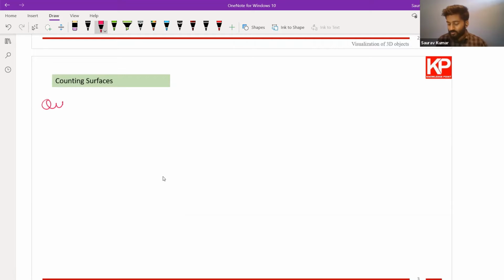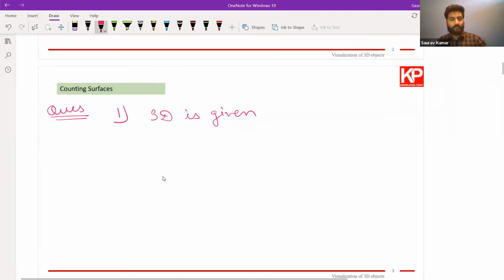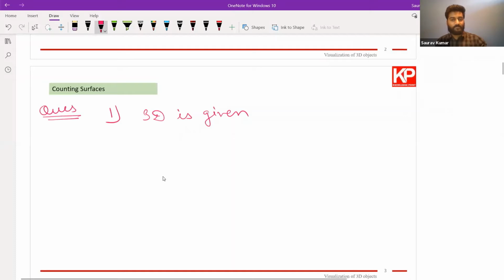While talking about the questions part, in your exam, in NATA or JEE or any exam, first, let's say the 3D object is given. They give you the object or the composition, and then they ask you to count the surfaces, edges, vertices, anything.